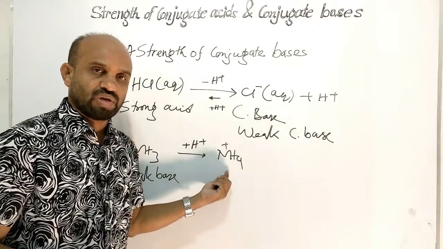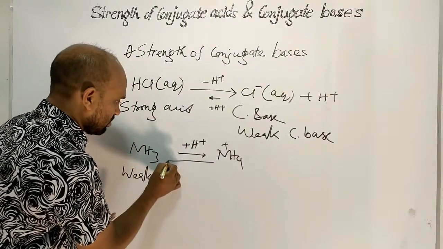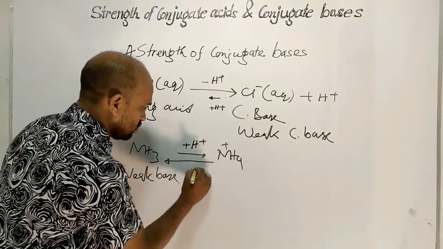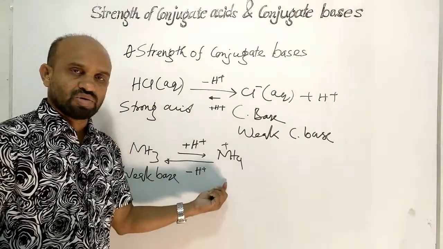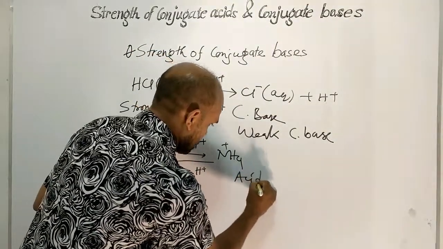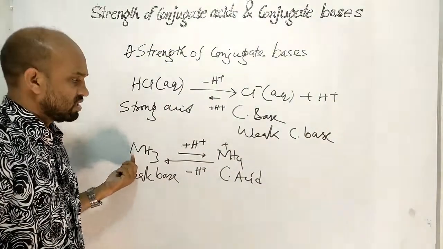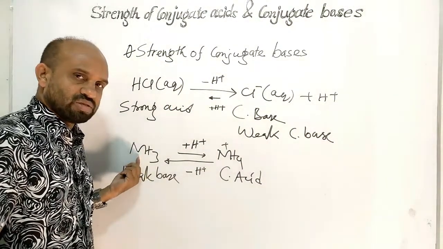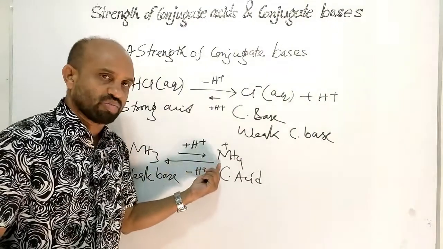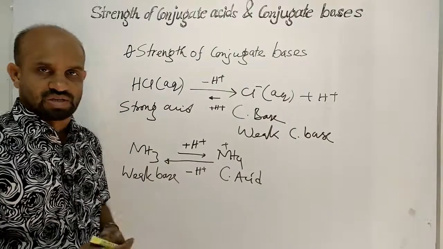Now after forming ammonium ion, it wants to go backward direction, losing proton. Losing proton, that means this is acid, and it is the conjugate acid of base ammonia. Since it's a weak base, after forming ammonium ion, it moves backward direction very easily.